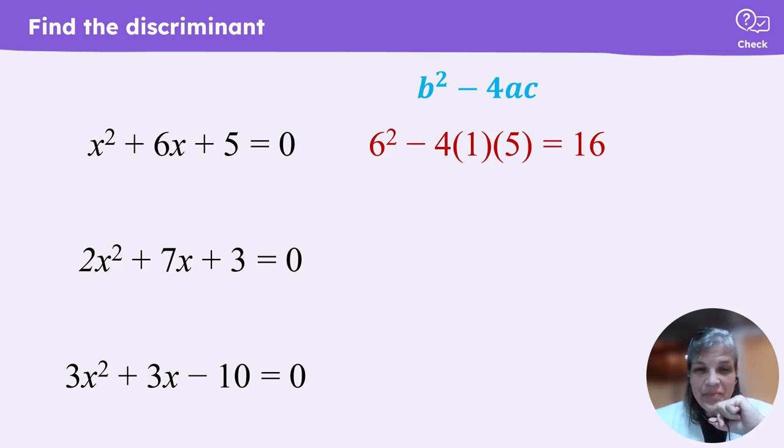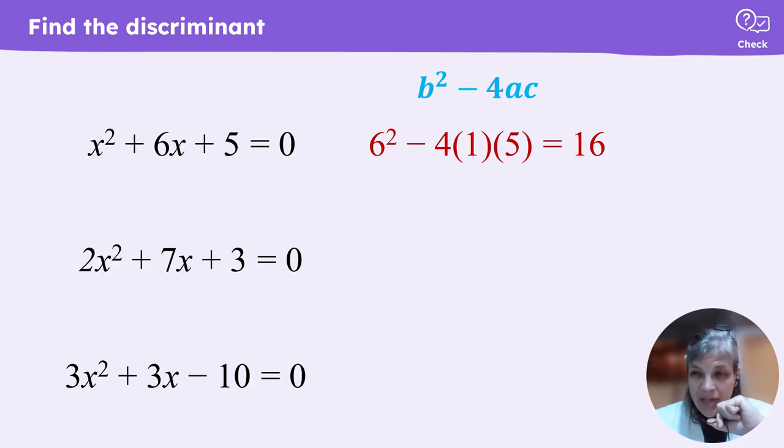It's 6, right? So you want 6 squared minus 4a. A is understood to be 1 if you just have x squared, plus 5. So that's where the c is. So 6 squared minus 4 times 1 times 5, which is 20. So 36 minus 20 gives us 16.